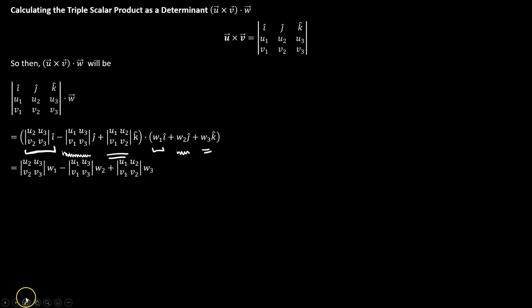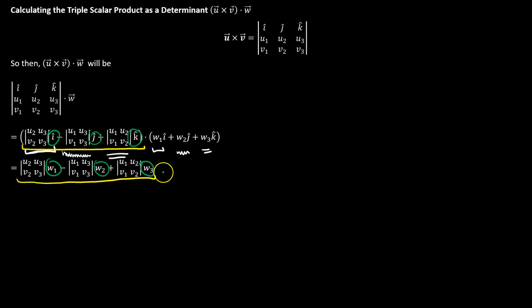What we have is almost identical to our cross product after we expanded along the top row, except the I hat, J hat, K hat has been replaced with W1, W2, and W3 respectively.